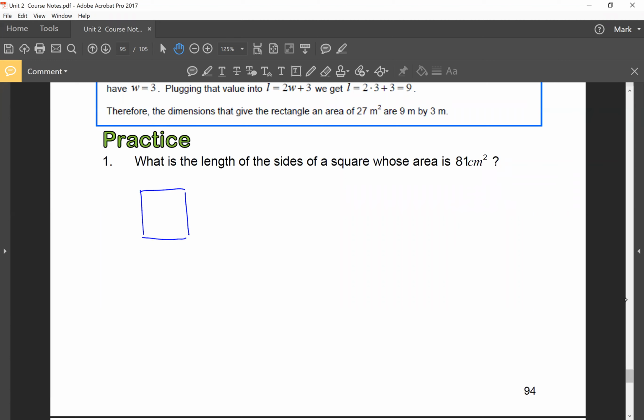A square, it's not a rectangle. A square, the sides are all the same size. So again, this is very unique for a square. A rectangle looks like this. A square in math is a shape where all the sides are the same size. So the area of a square is x squared.